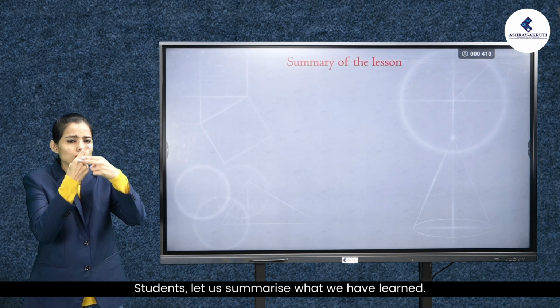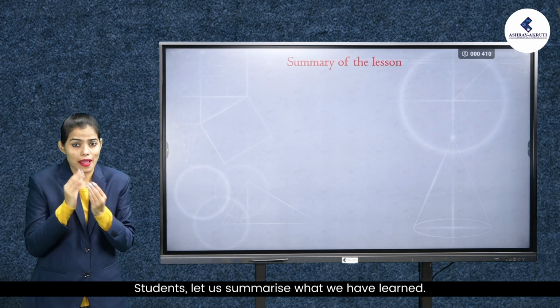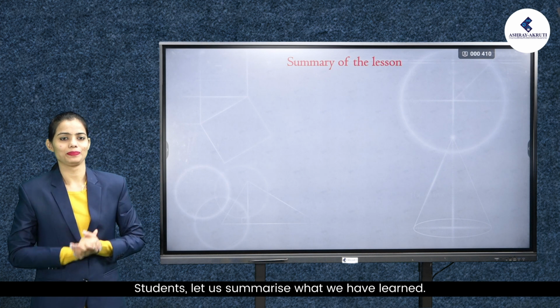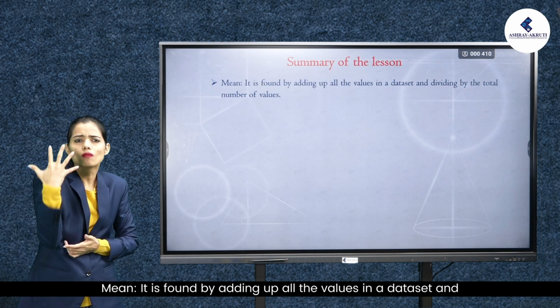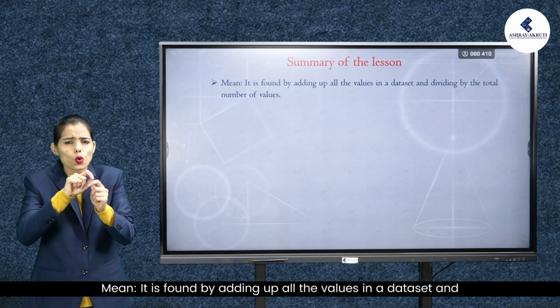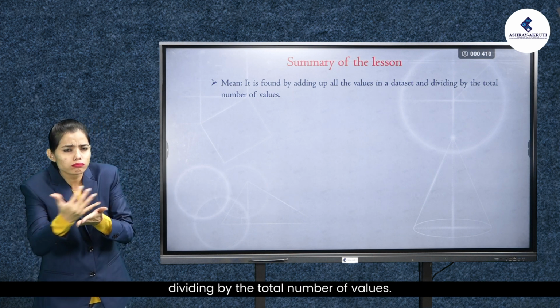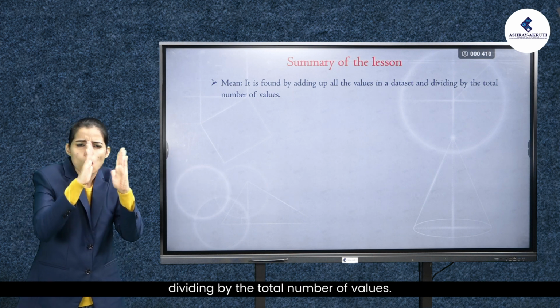Students, let us summarize what we have learned. Mean. It is found by adding up all the values in a data set and dividing by the total number of values.